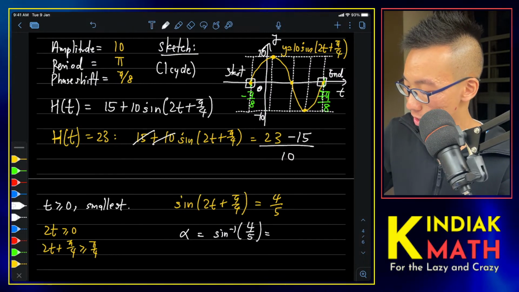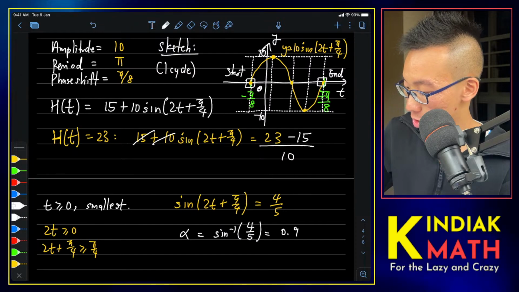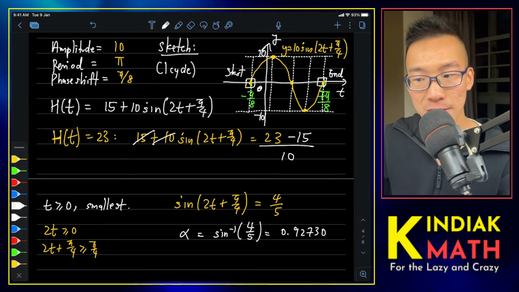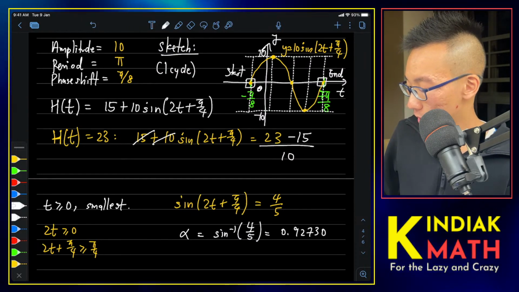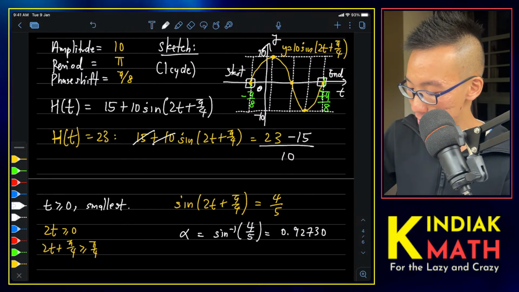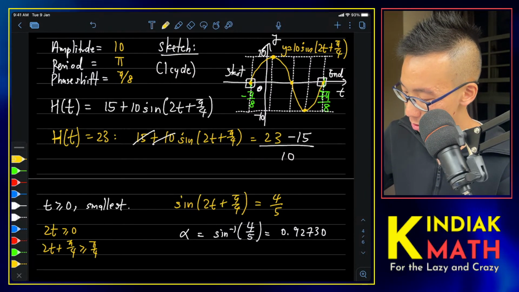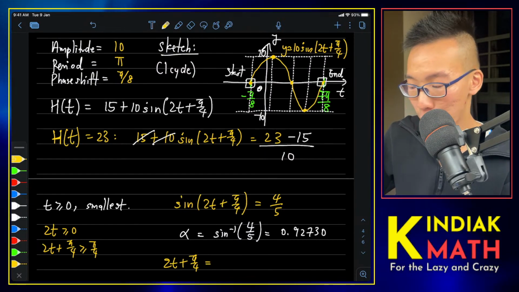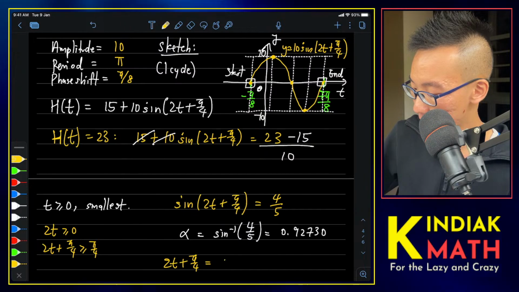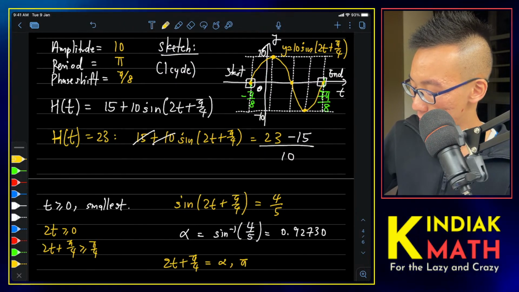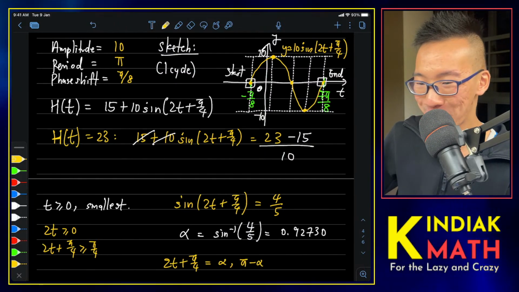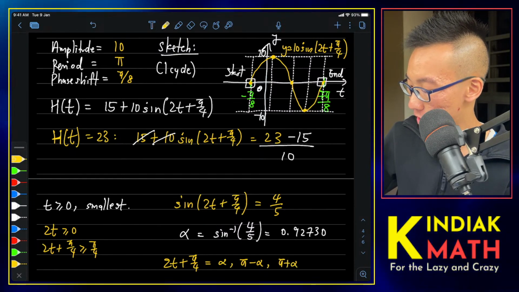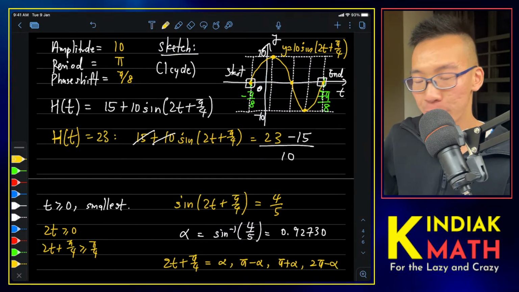We have 0.92730, and so our solutions are going to be 2t plus pi over 4 equals, well, it could be alpha, or pi minus alpha, or pi plus alpha, or 2 pi minus alpha.